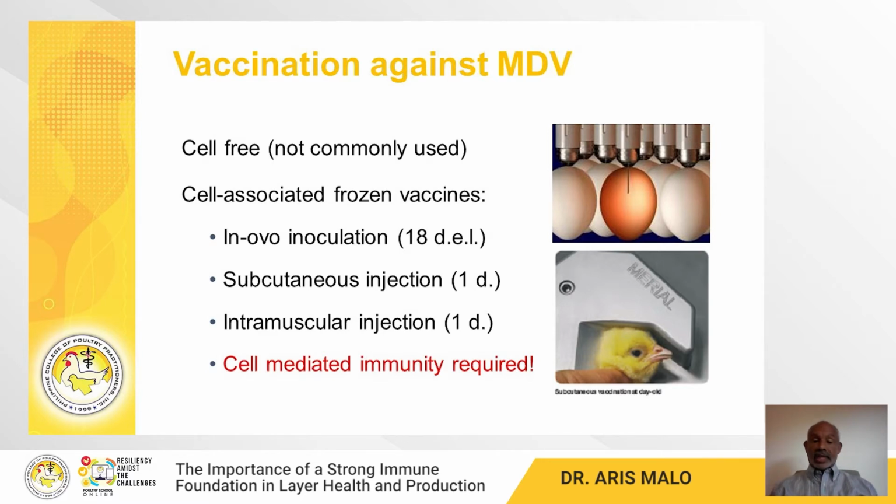We use them in the hatchery. We can either use them in ovo, vaccinating the eggs at 18 days of embryonic life, or by a subcutaneous or intramuscular injection at the first day of age after hatch. And we must remember that we need cell-mediated immunity in order to get protection against Marek's disease.